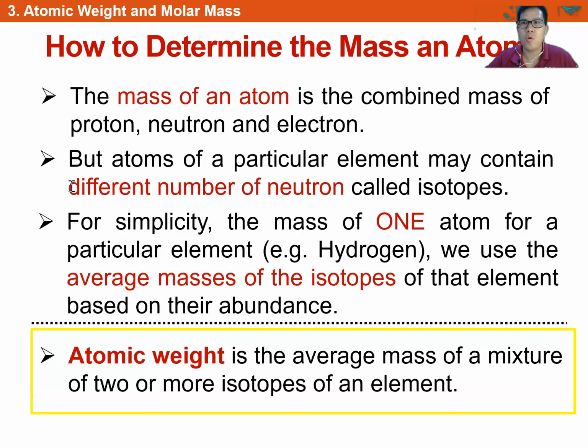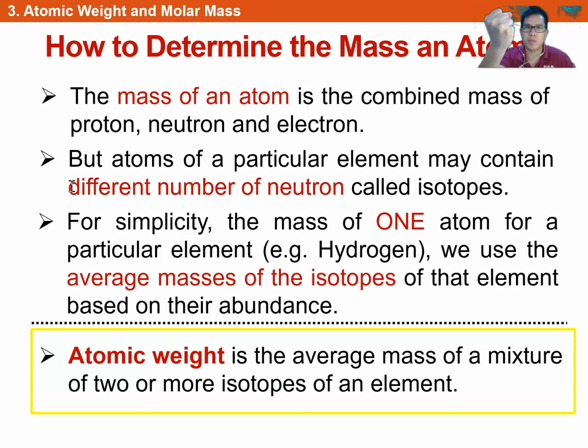So for us, what we do is that we will average. For example, how many percent of the isotopes will be present if we get a bundle, say of hydrogen?